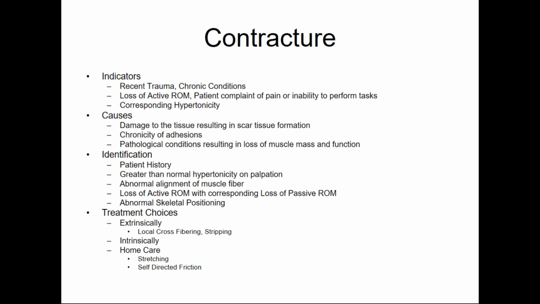The thing that defines the two is we can have adhesion without damage to the muscle fiber. Contracture requires damage to the muscle fiber. So there has to be a healing process occurring already as a result of some form of trauma. But as far as treatment and technique, you would use the same techniques to treat a contracture as you would to treat an adhesion.